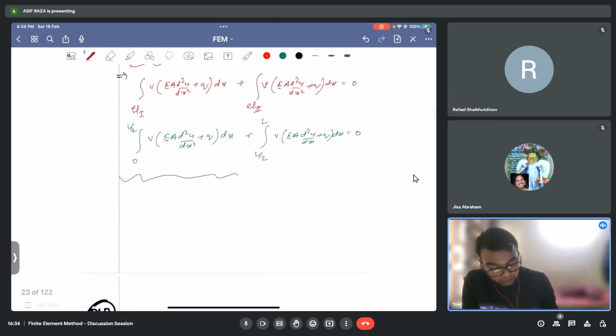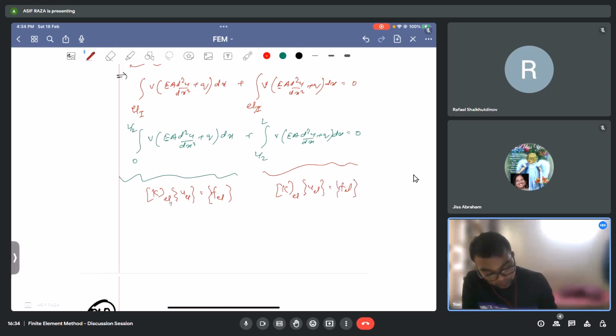Now, when we are solving element-wise, there also we are getting some element equations. I hope you're getting my point. Sorry, this is for the second.